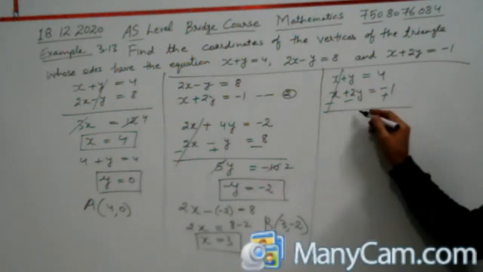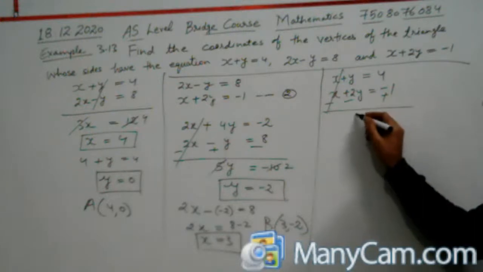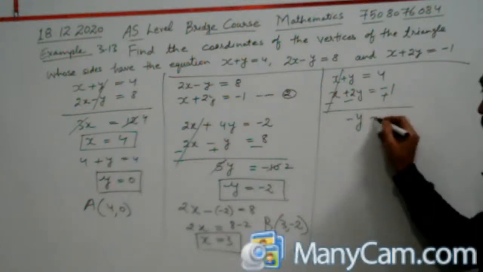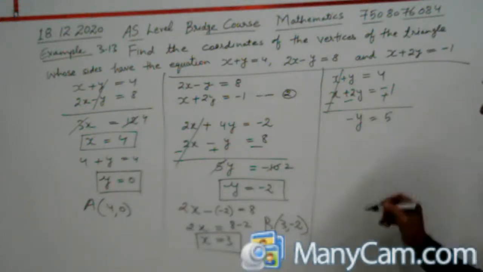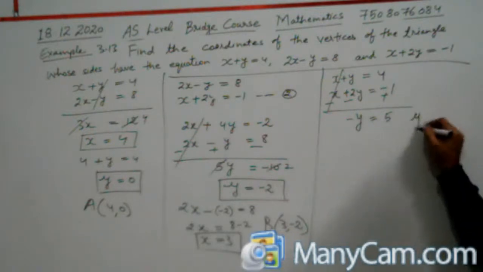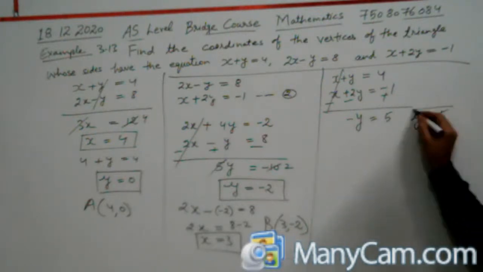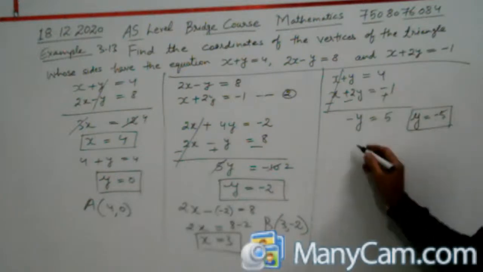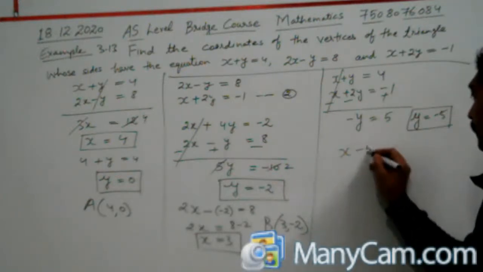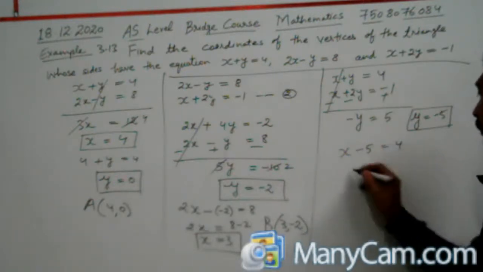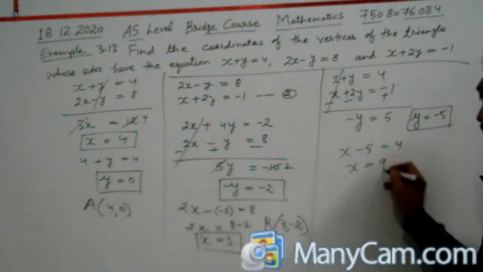We have y is equal to minus 5, and substituting the value in the equation, x minus 5 is equal to 4, so x is equal to 9.